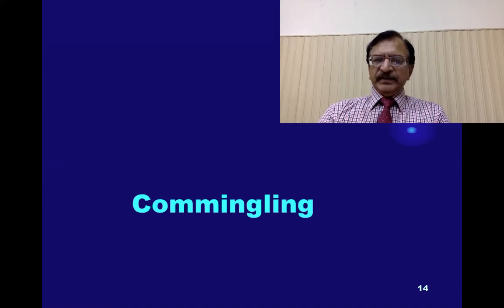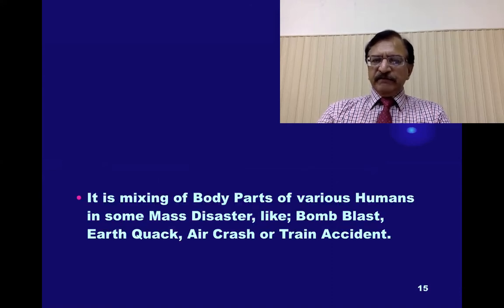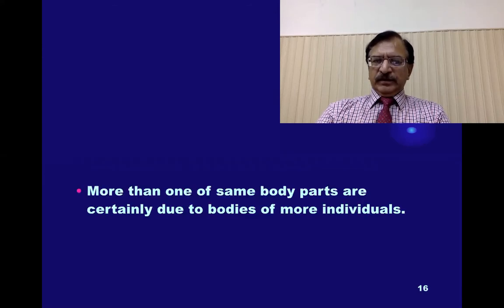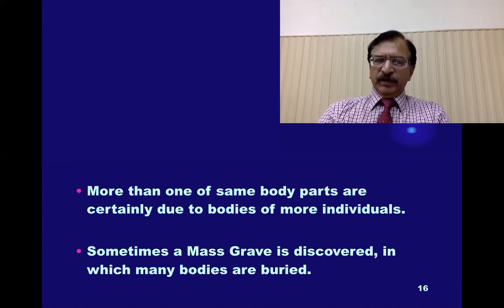So commingling is the mixing of body parts of various humans in some mass disaster like bomb blast, earthquake, air crash, or train accidents. More than one part of the same body or different parts of different individuals can be mixed together. Sometimes a mass grave can be discovered in which many bodies are buried together.